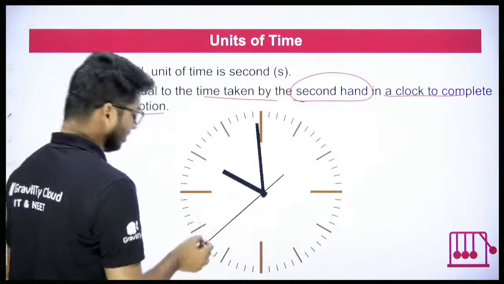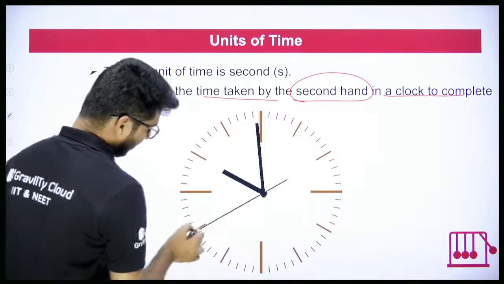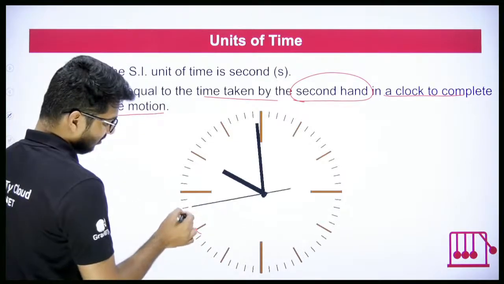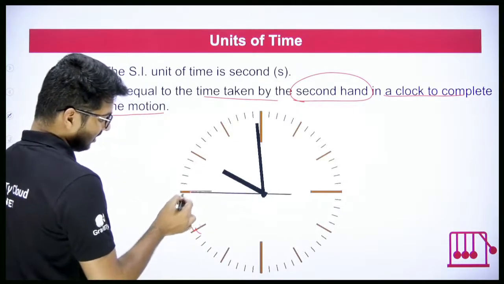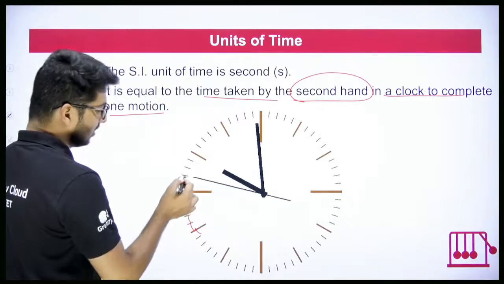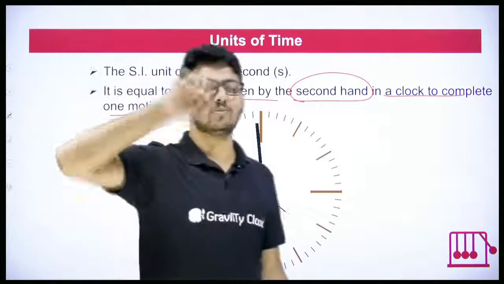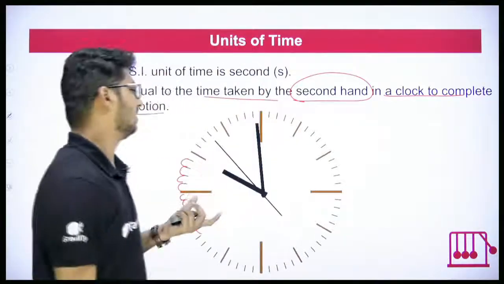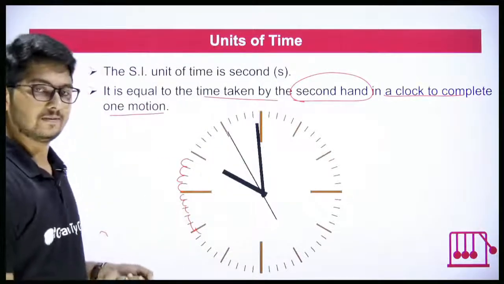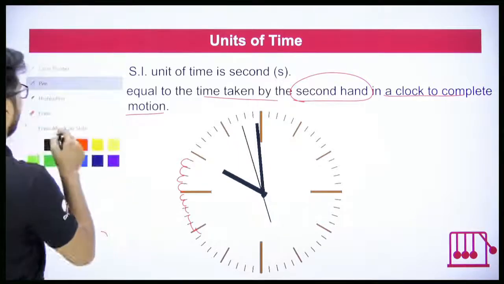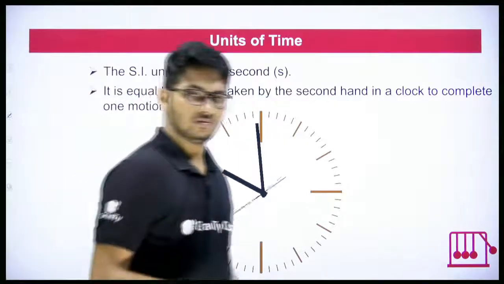Here to here, 1 second, 1 second, 1 second, and so on. Every single motion of the second hand is 1 second. Clear? So you can define 1 second in that way, yes or no?